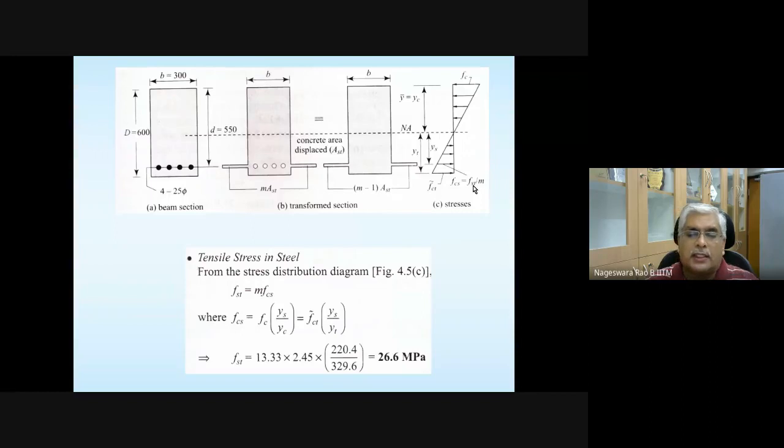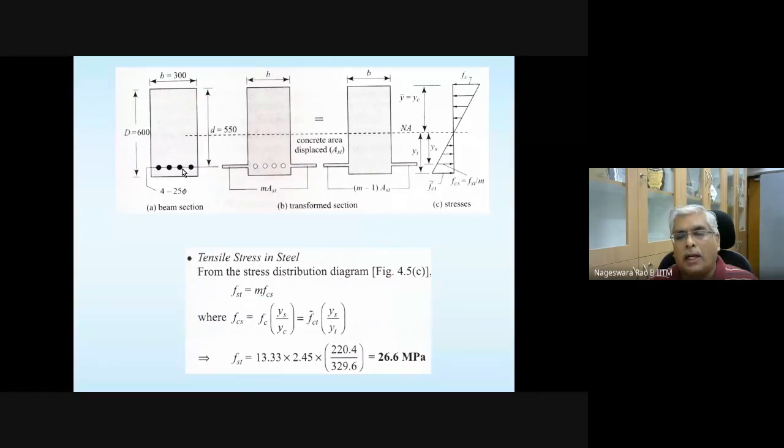Any questions here? So basically what we did is, given a section, all the geometric dimensions as well as the steel that is provided, we analyzed it and then got the stresses. So this is like, given a section, how to do analysis.